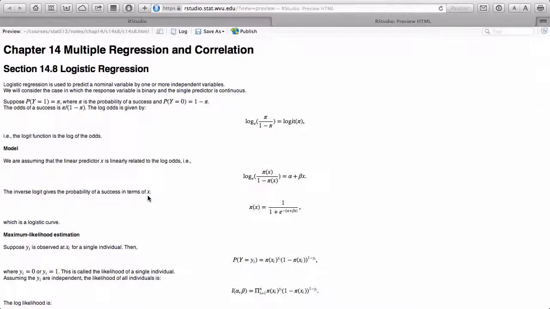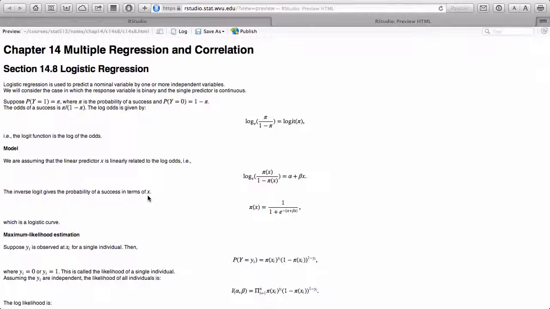This is in the chapter on multiple regression and correlation, but it's a different type of regression called logistic regression. Now this goes back to the binomial distribution. And so what we're going to be focusing on is the case that our outcome variable y is binary.